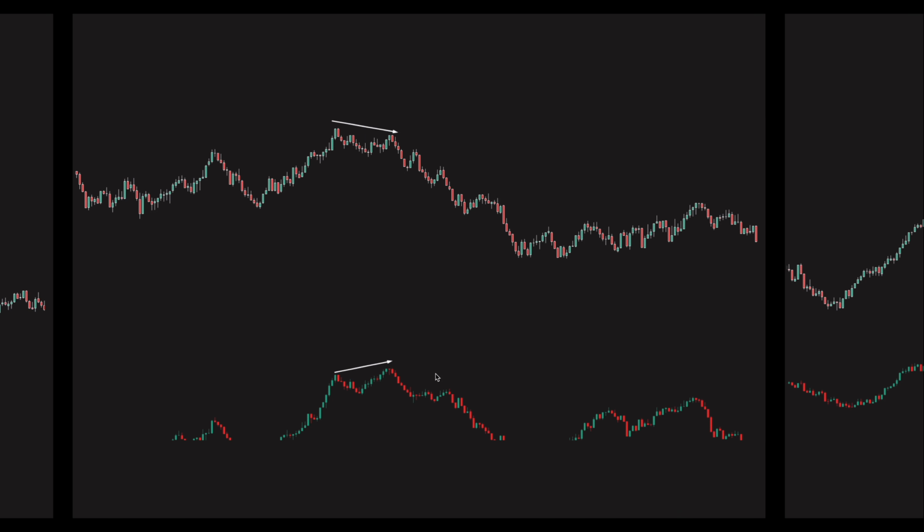But when it comes to absorption, these are really cleaner ones. Markets are making a lower high here, so the trend is already kind of turning, but you will make this higher high in cumulative volume delta. This means that in this move to the upside, the aggressive buyers are really stepping in. You will see on your footprint huge buy orders executed in these candles, but the market is not responding.